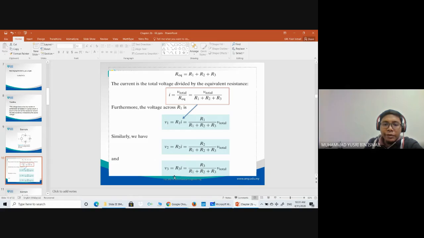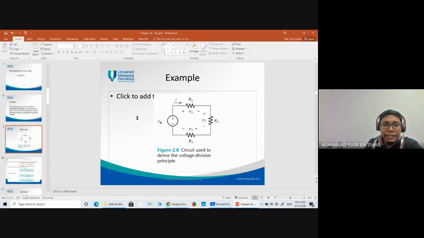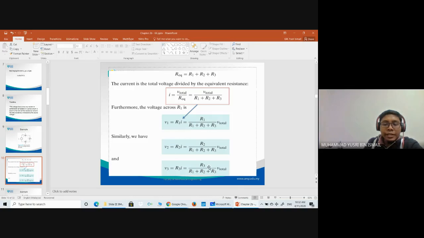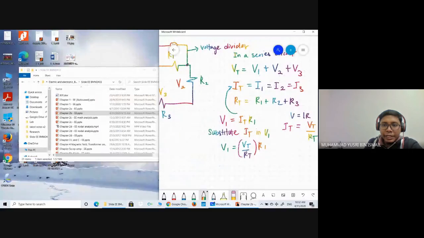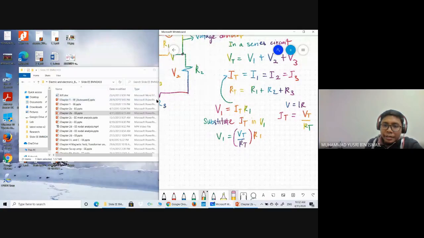And then similarly for the voltage at resistor 3, it will be resistor 3 divided by the overall resistance, which is the ratio, times the total voltage. So you can make it like this.